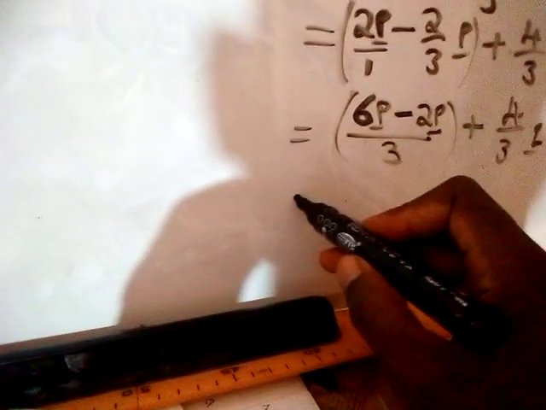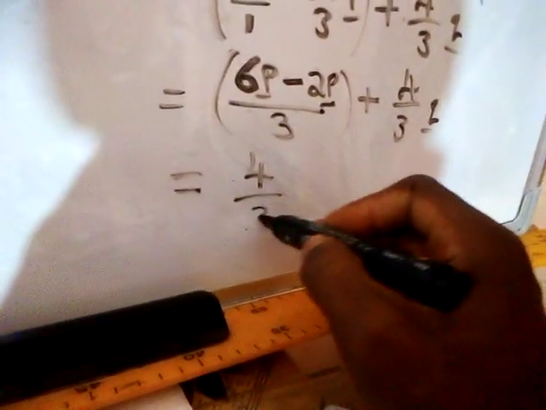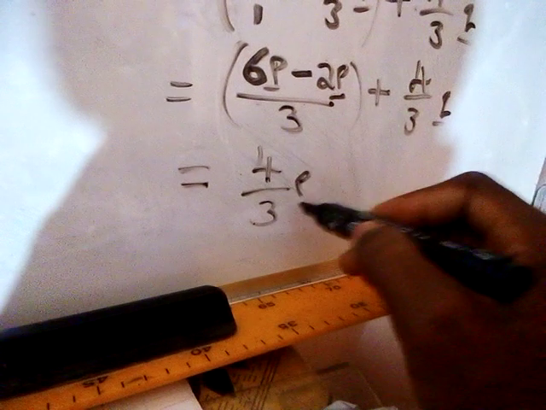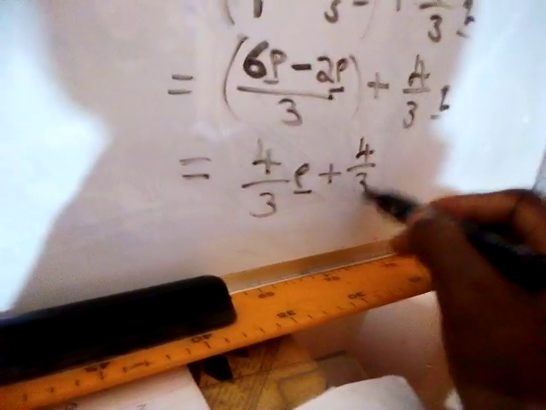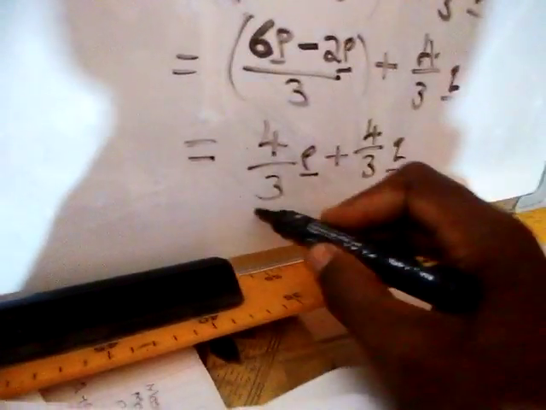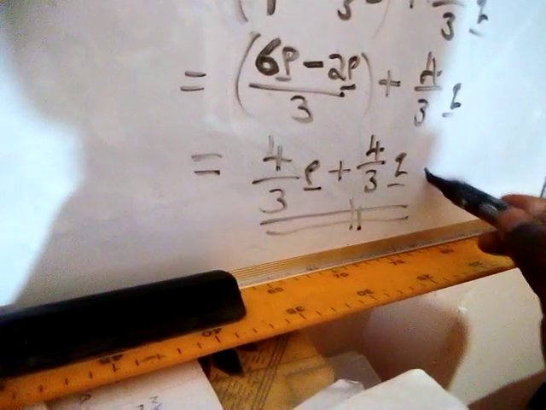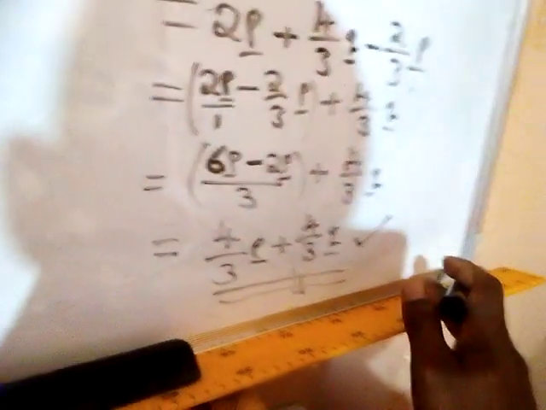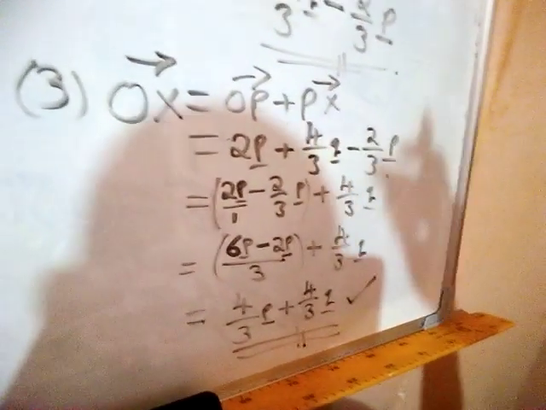At the end of the day, 6P minus 2P gives 4/3 vector P plus 4/3 vector Q. And this is our solution. Simple, right? So the key is the expression and knowing the movements. Very important. Let's move on to the last question.